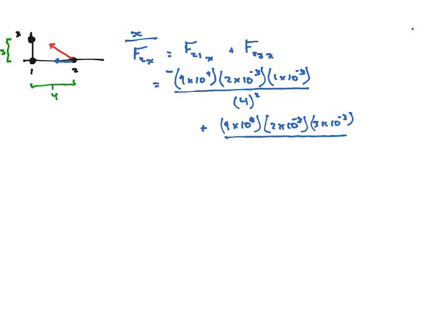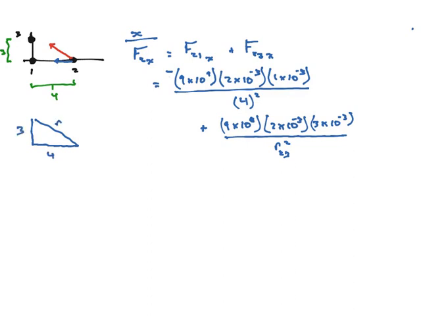Well, notice I'm not given the distance between 2 and 3. I'm given the distance between 1 and 2 and 1 and 3, but not between 2 and 3. So to get this R23, I need to figure out what it is. Now, that's not a big deal. Notice what I have. I've got a right triangle. This is 4, this is 3.